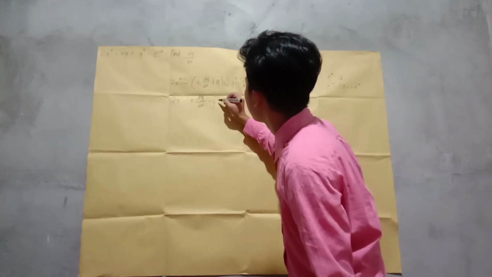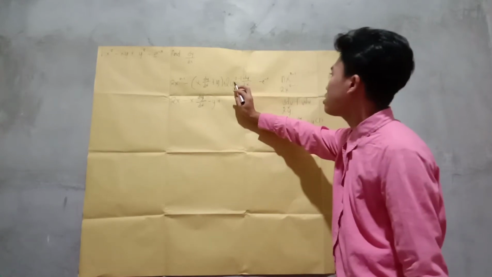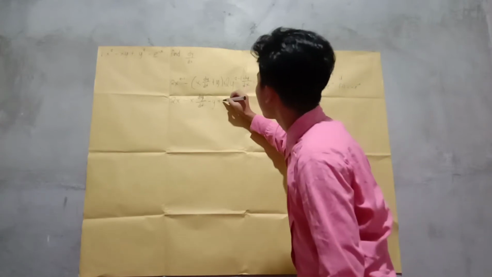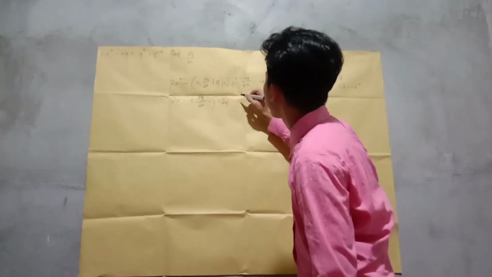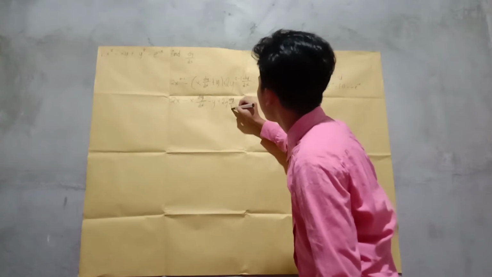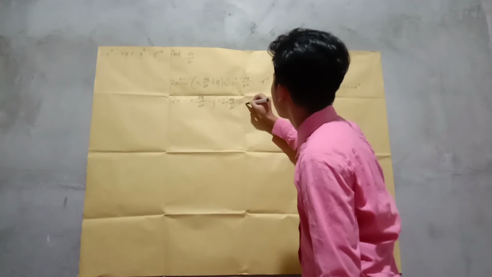And plus 2y raised to 2 minus 1 is equal to 2y dy over dx, which is equal to negative e raised to negative x.